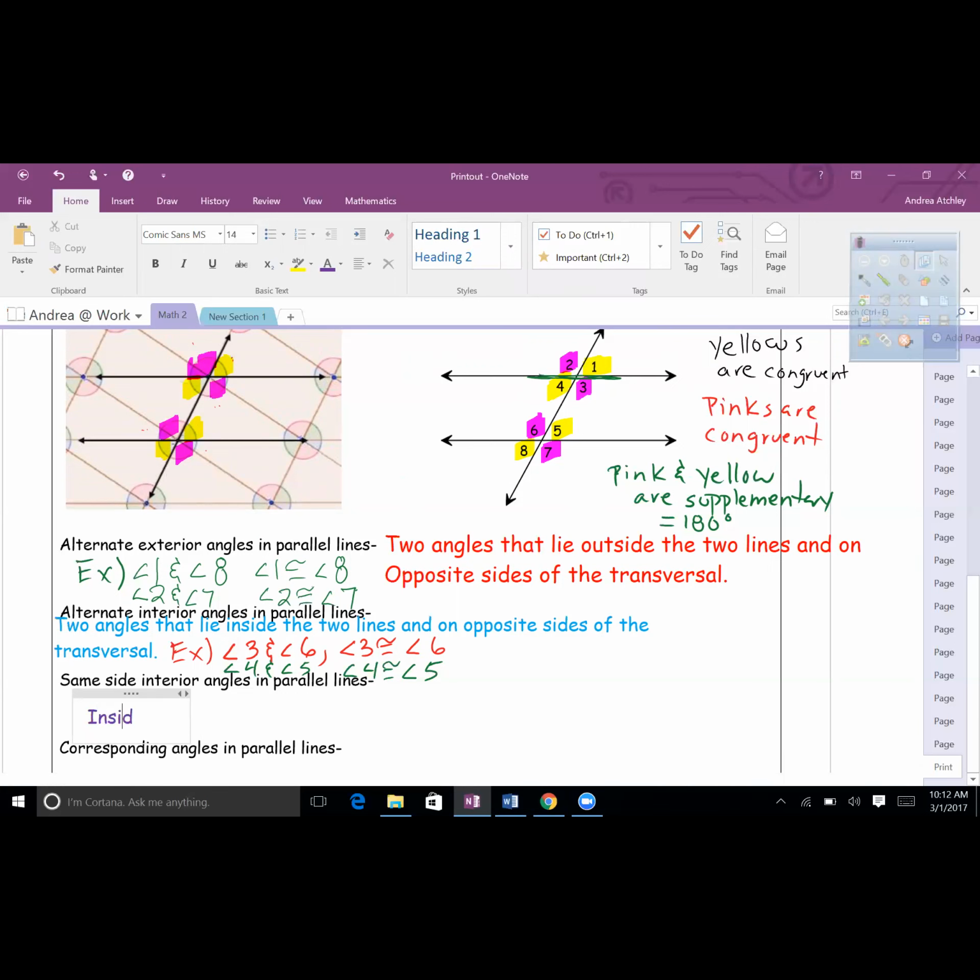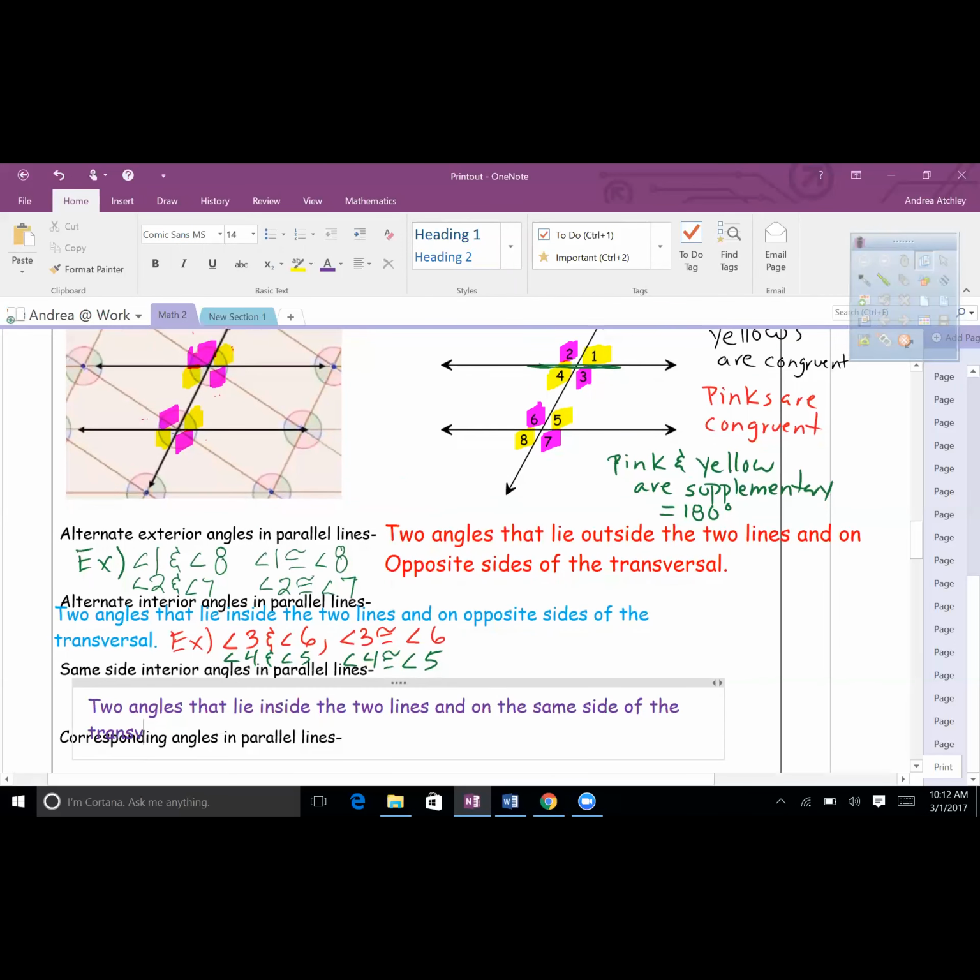I'm sorry, two angles that lie inside the two lines and on the same side of the transversal.